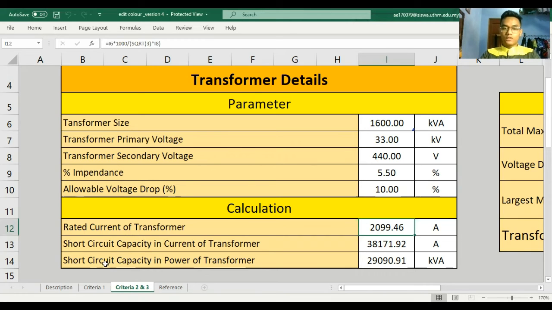And lastly, for the short circuit capacity and power of transformer, we use the formula root 3 times secondary voltage of transformer times secondary current of transformer. Root 3 times 440 volt times 38,171.92 ampere will get 29,090.91 kVA. I think that's all from me. Thank you.